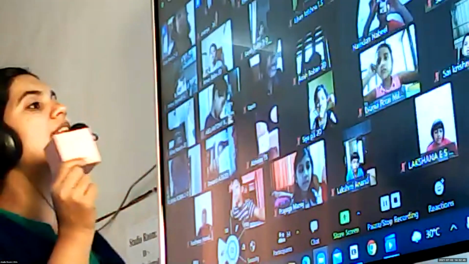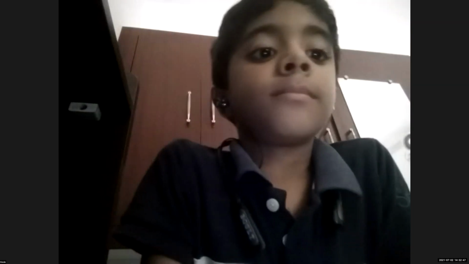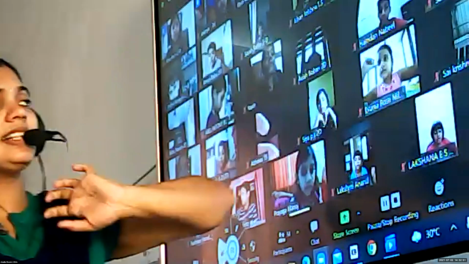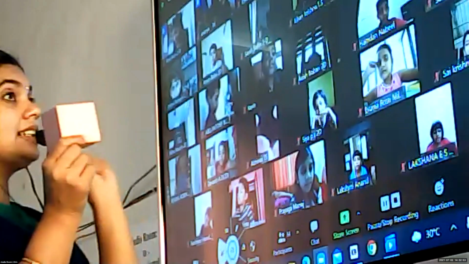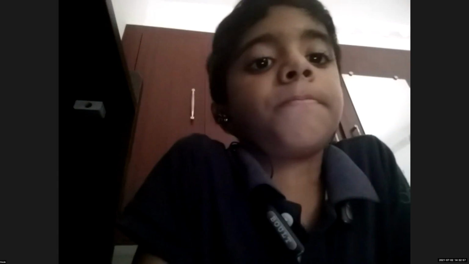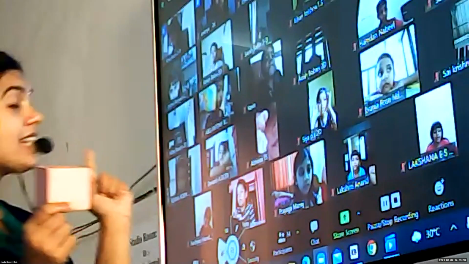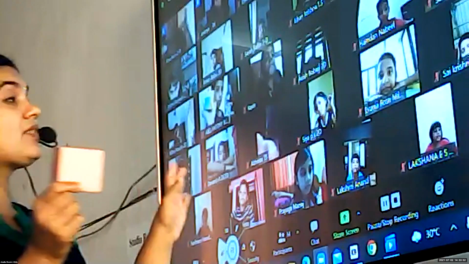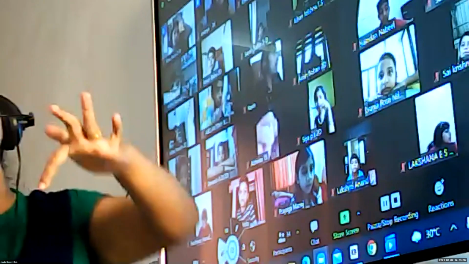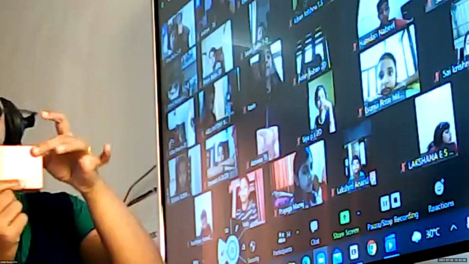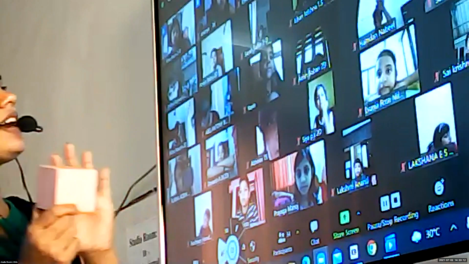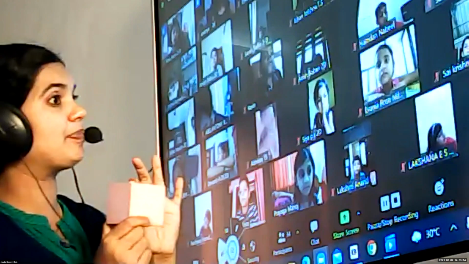So total, how many faces are there? Six faces. Only the difference is that for a cuboid, all the 6 faces are in rectangle shape. But for a cube, all the 6 faces are in square shape.